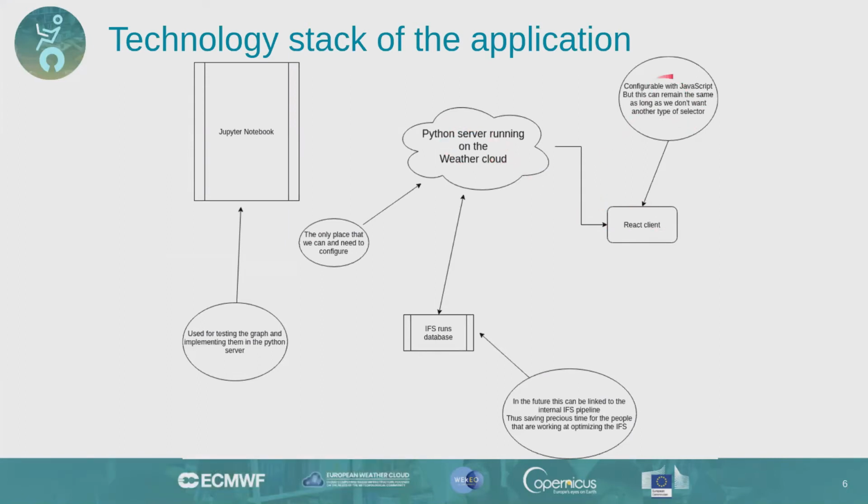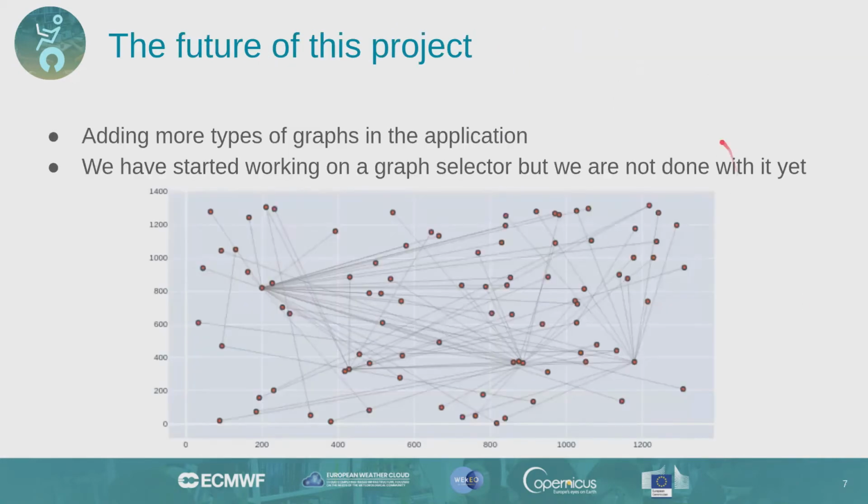Then you have the React client, which is the interface that I've just shown you. And the interface is configurable. You can change everything in there, but you don't really have to. The only time that you need to change the interface is when you want to add some new selectors. And I'm going to show you on the next slide what we are working on right now.